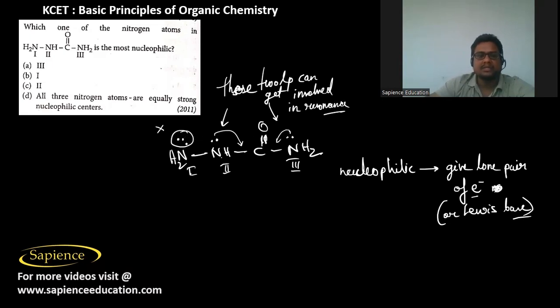So this nitrogen can more easily give this lone pair to someone else.